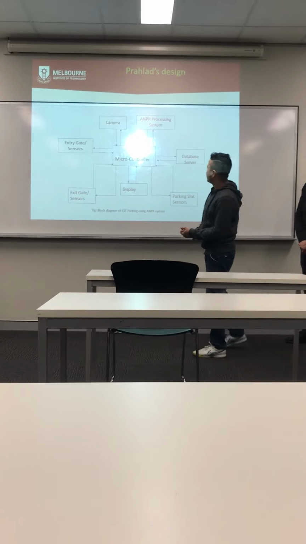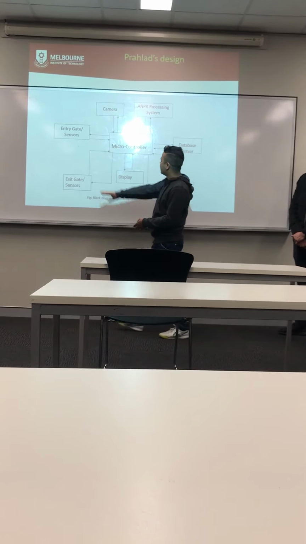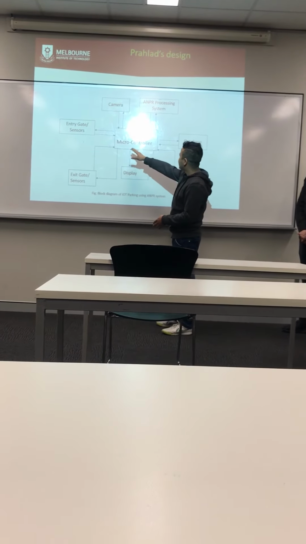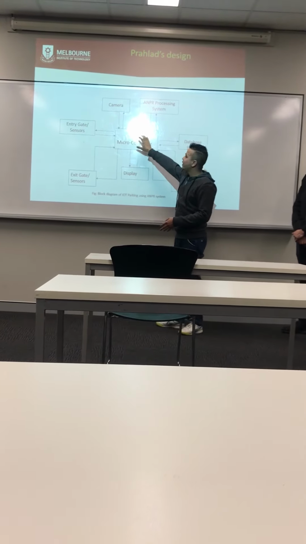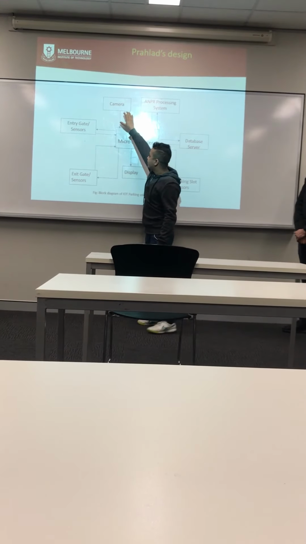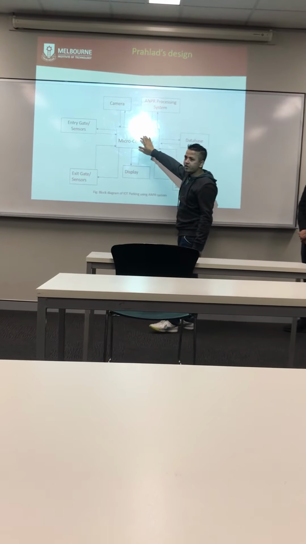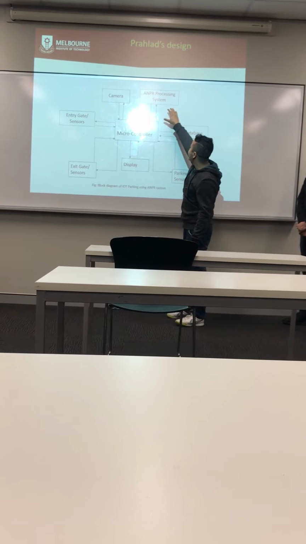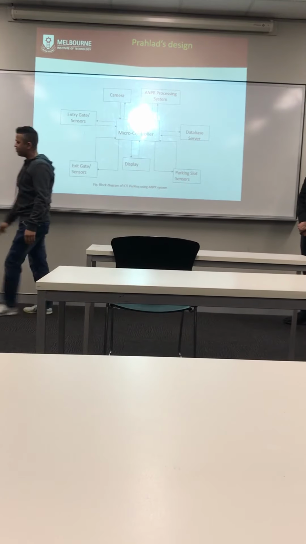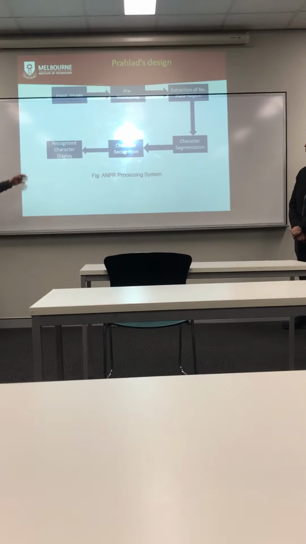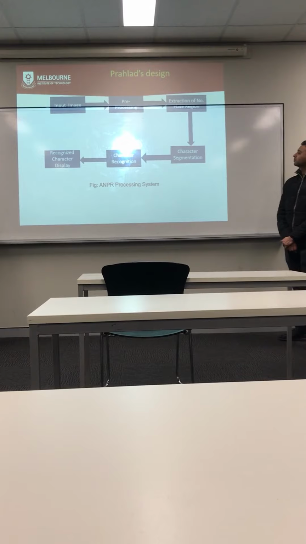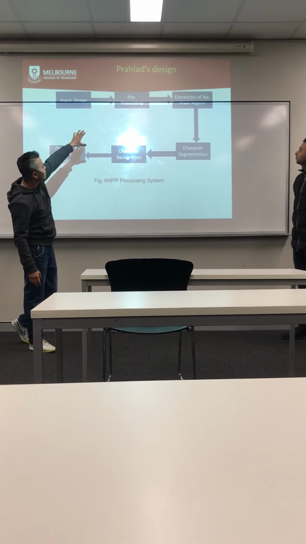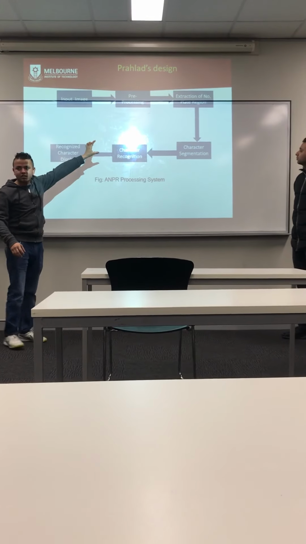This is the design I proposed. For my design, there are sensors in the entry gate, which sense the vehicles and send to the microcontroller. It communicates with the camera, and the camera takes the pictures and sends them back to the microcontroller, and the microcontroller sends the picture captured by the camera to the ANPR processing system, where the image will be input and sent to pre-processing and extraction of the number plate region.